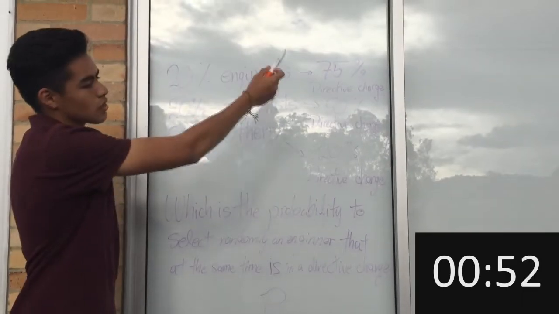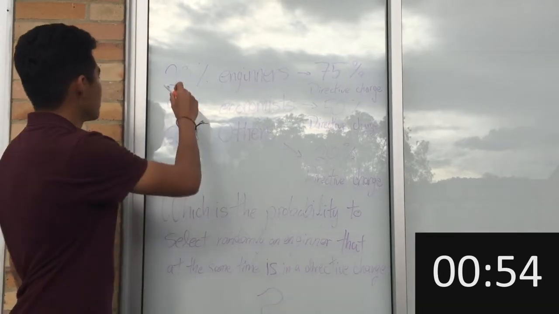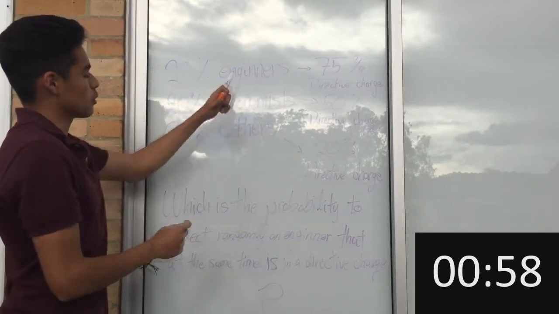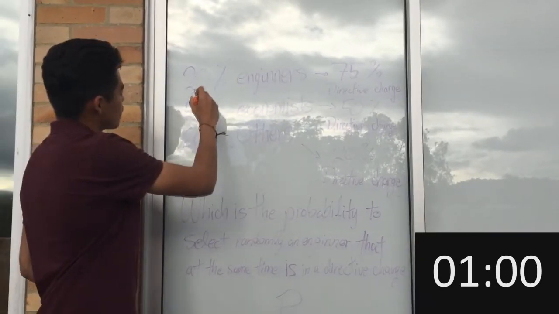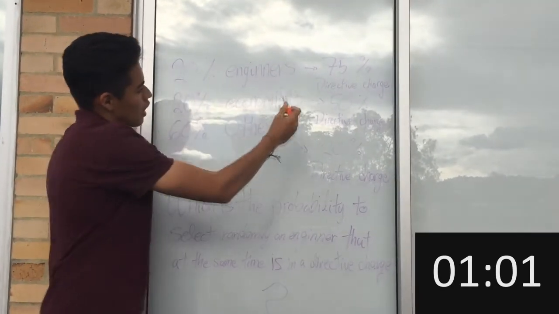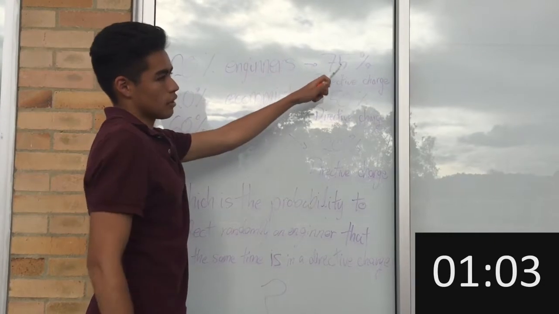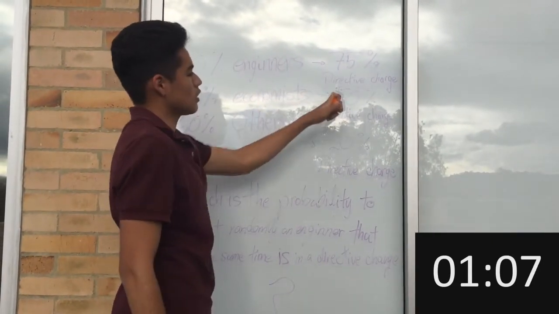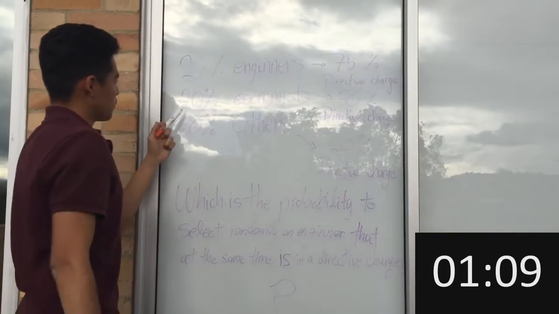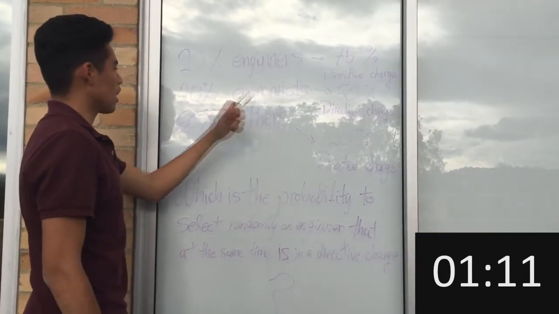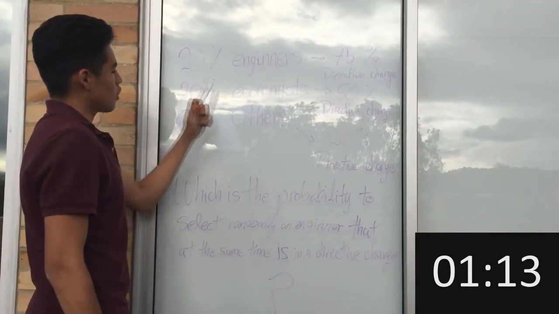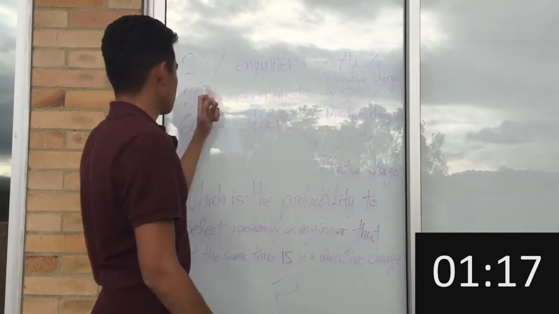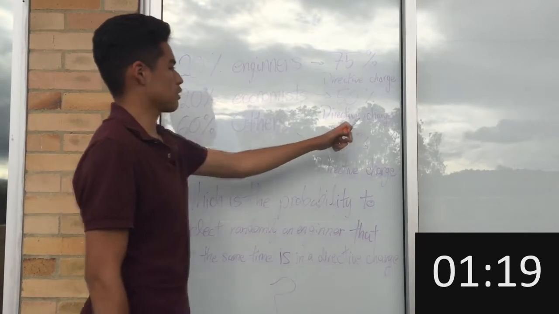Well, in this exercise, we have a company that has a percentage of its employees. For example, 20% are engineers, and of this 20%, 70% have a direct charge. In the economy area, 20% of the employees, and 50% of this 20% have a direct charge.